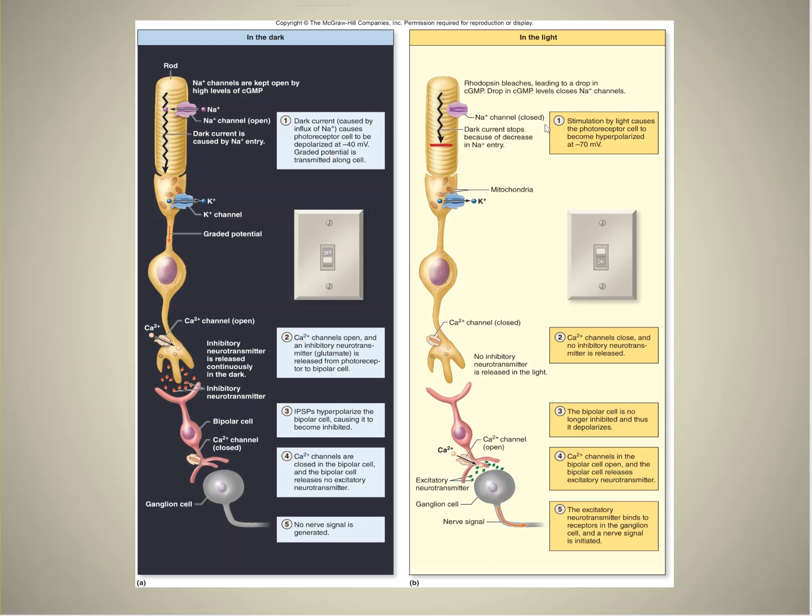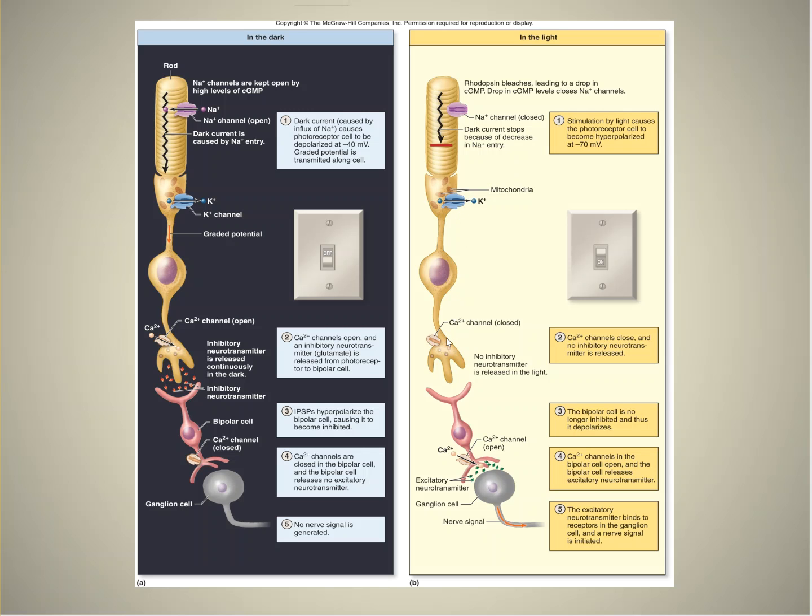Turn on the light. Rhodopsin is bleached, leading to a drop in cyclic GMP. The opsin turns on an enzyme that breaks it down. It's dropping cyclic GMP levels, closing sodium ion channels. Dark current stops, but the potassium is still going out, so the cell is hyperpolarized.